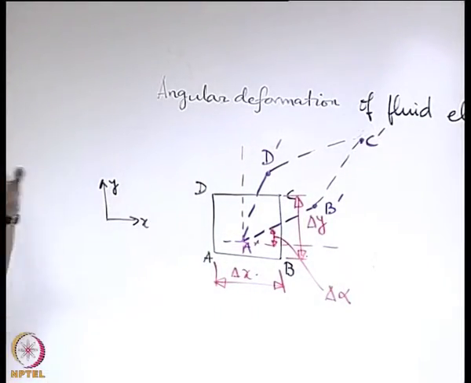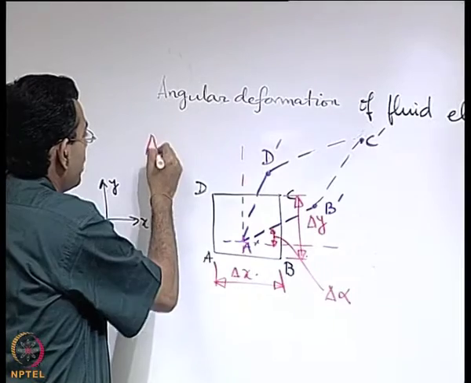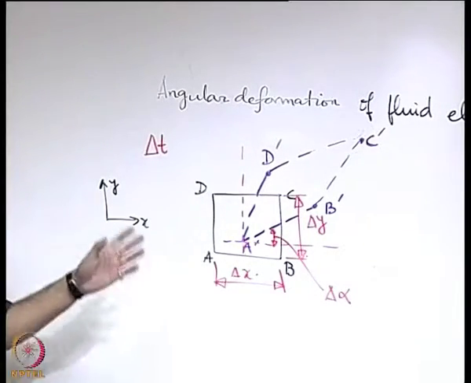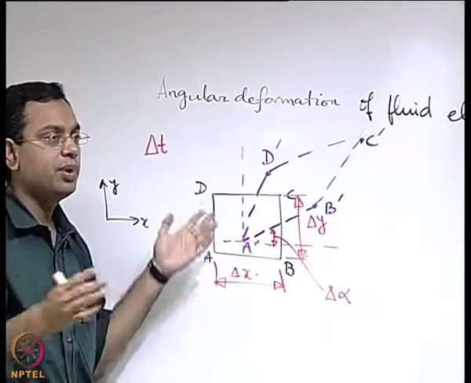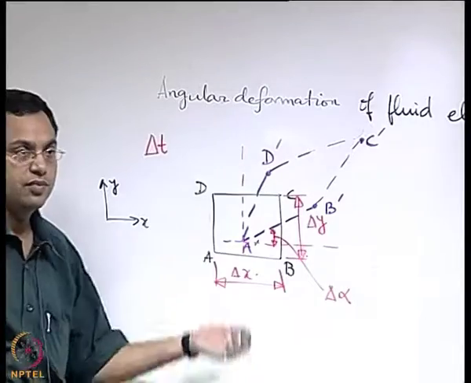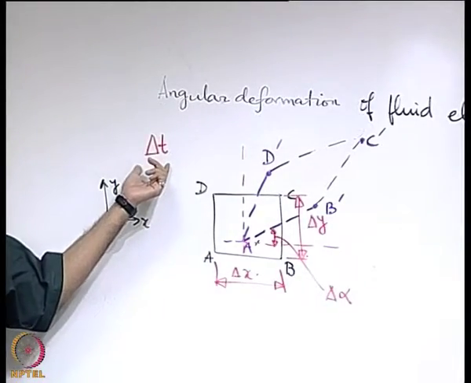Here we are considering a small interval of time delta t within which this deformation has occurred, because if we allow a large time we will not be able to keep track of the deformation; fluid is under continuous deformation. So, we take a small time interval.